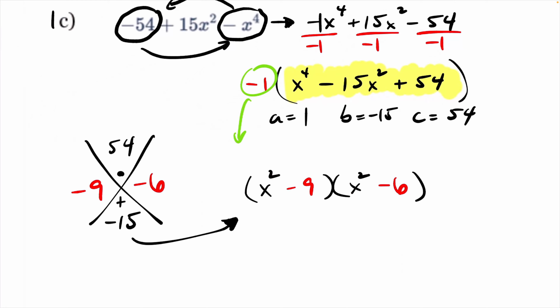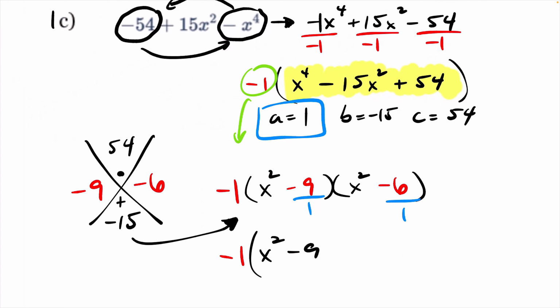That guy needs to come down as well. And then I need to divide by A, right? Divide by A, divide by A. So it's going to be negative 1, x squared minus 9, x squared minus 6.